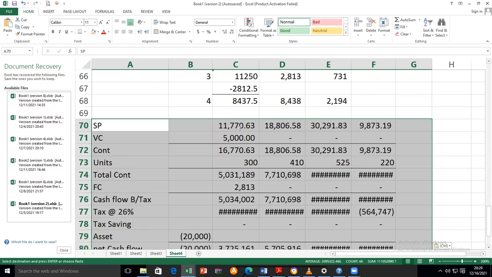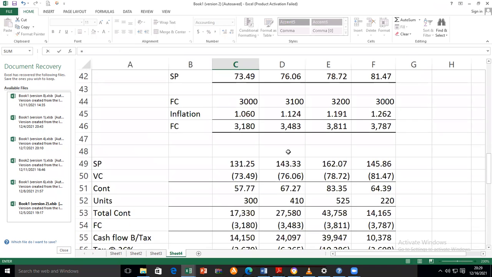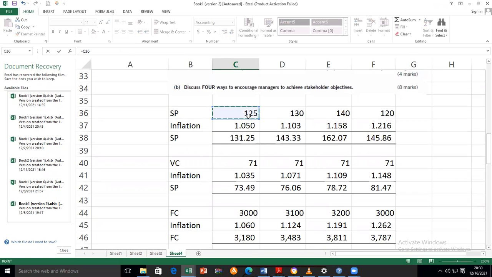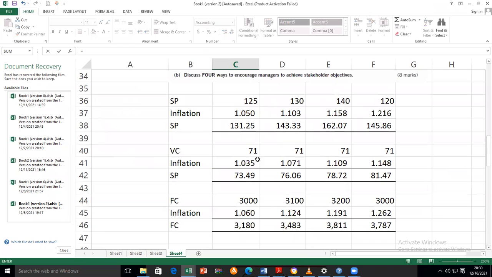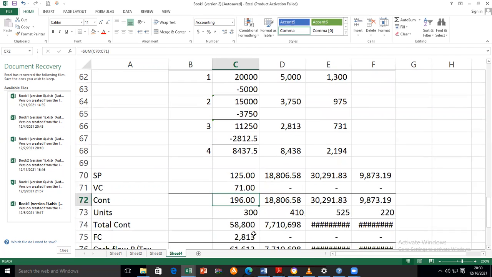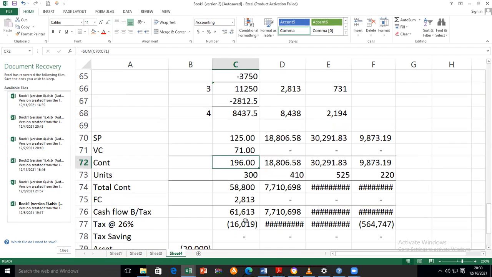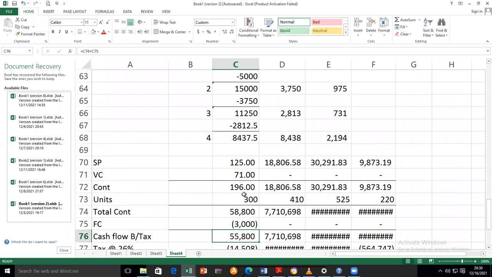Okay, let's go. Where are the prices? The prices are these before inflation, the selling prices. That's the one we need. The variable costs before inflation, where are they? It's these. The fixed costs before inflation, here we are.